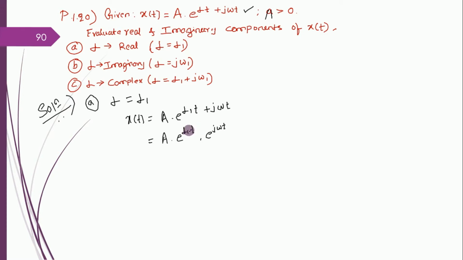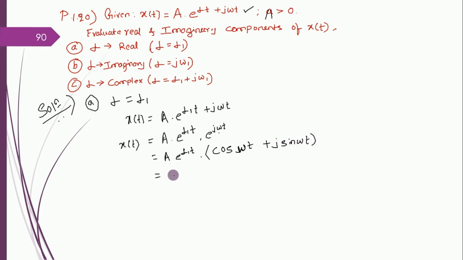Once I have this, you know that alpha 1 is a real value, while this is a complex value, j is there. So I use Euler's formula in order to write the real and imaginary parts. Euler's formula says that in place of e raised to j omega t, you can write cos of omega t plus j sine of omega t. So what do you get?